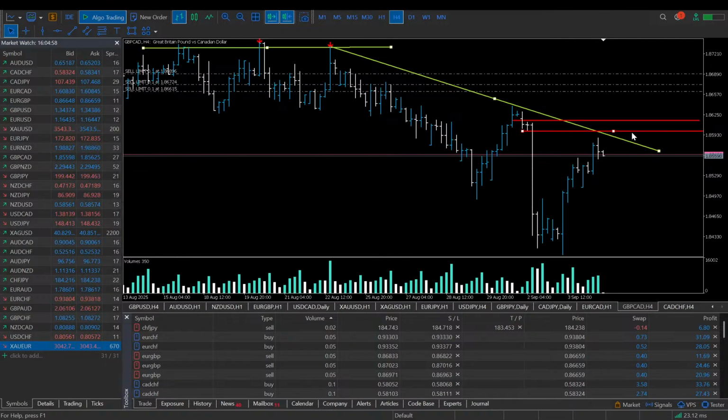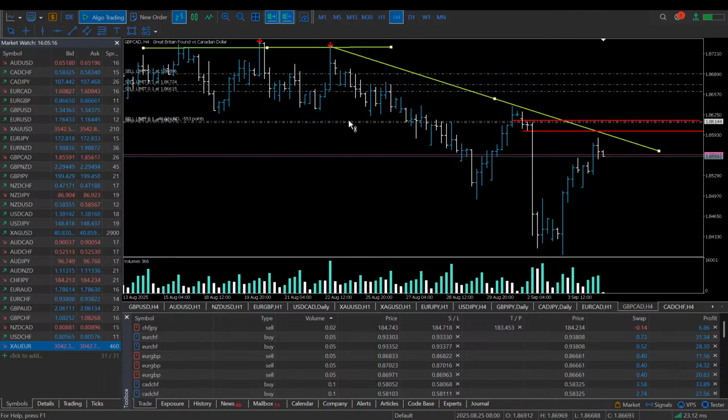You see? So that is where I will be keeping my pendings. That is where I'll be keeping my own pendings. So I am going to put a sell limit there, and the same thing again.